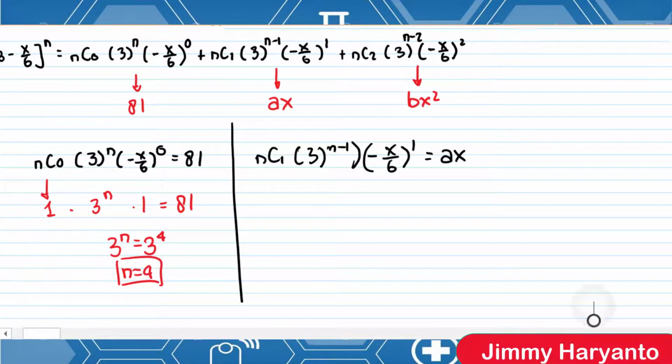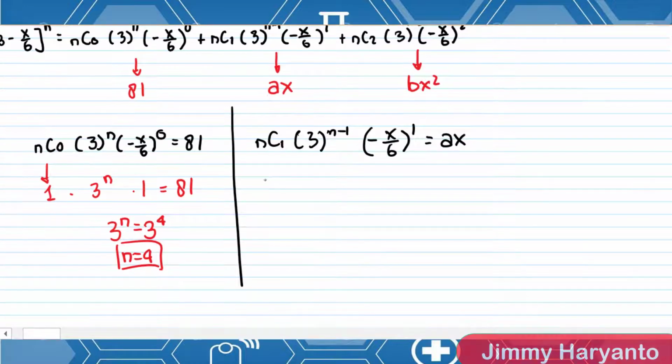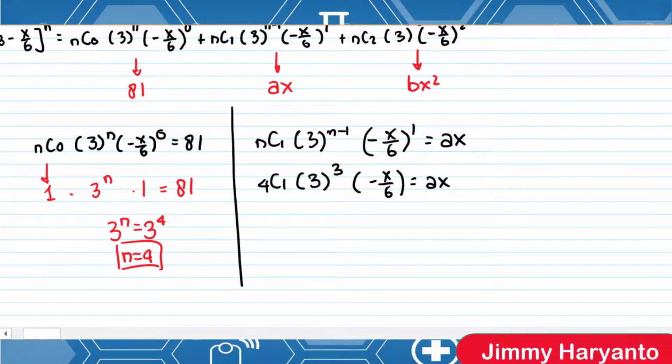After that, we put n as 4, so 4C1 in the bracket, 3 to the power of 4 minus 1 is 3, and then negative x over 6 to the power of 1 is normal, just like that. And then 4C1 is 4 times 27 divided by 6, it's 18. Negative 18x equals ax, so you will get a equals negative 18.